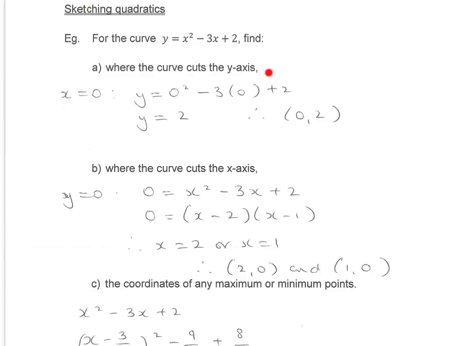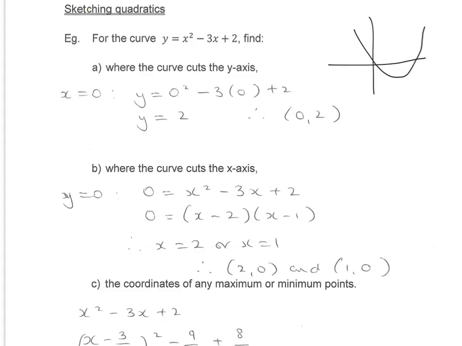So looking at the y-axis first, if you think about any curve crossing the y-axis, the x-coordinate of that point will always be 0. So because of that, we're going to set x equals 0 in our equation.